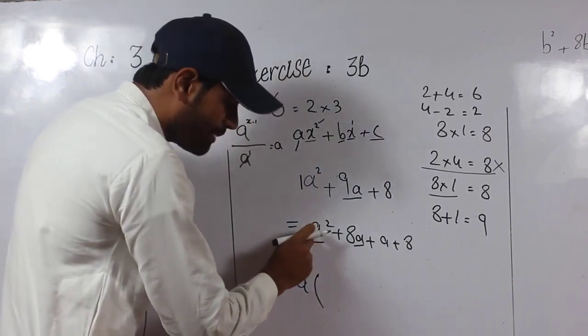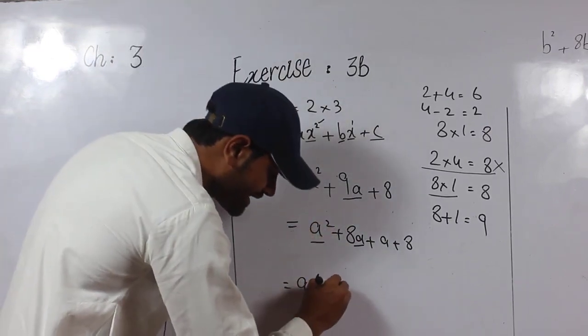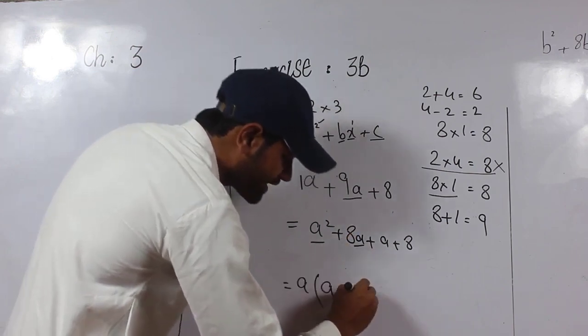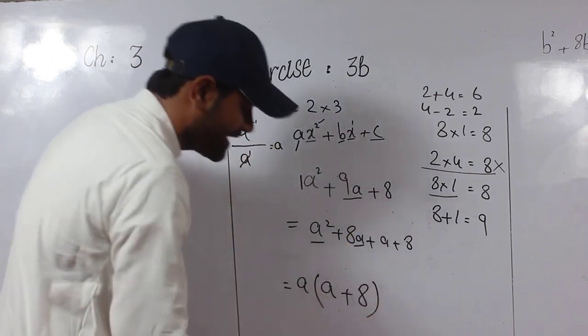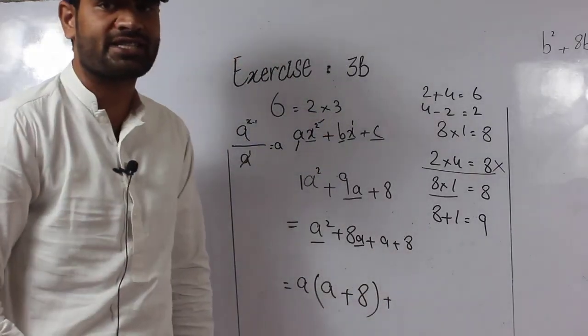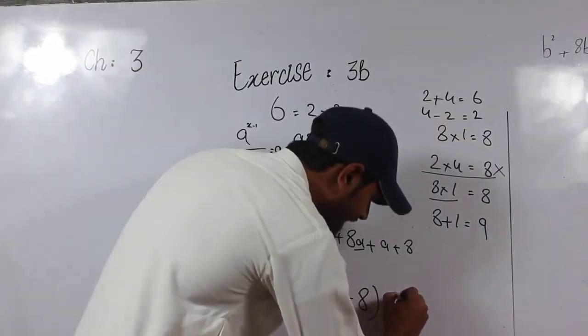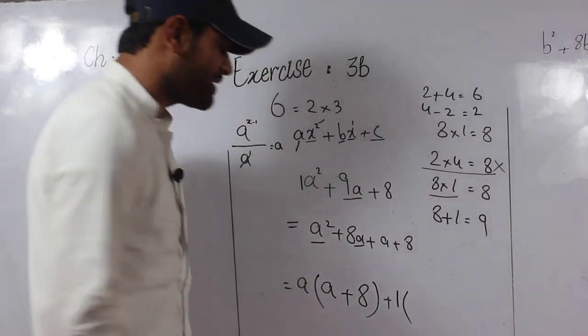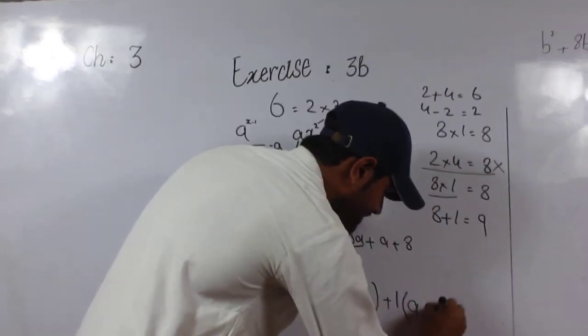So when I take a common from a square, the remaining is a. Then I take common from 8a, so I take 8 common and a is left. Here no number is common, so we take 1 common, and it remains as it is.